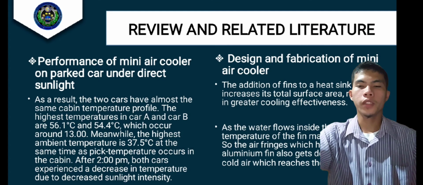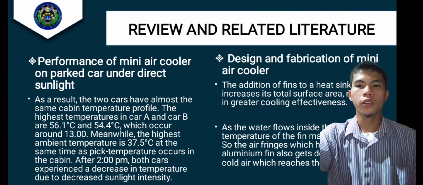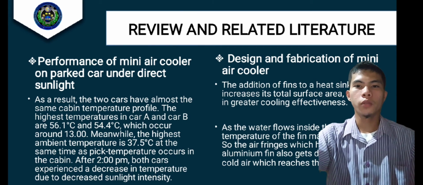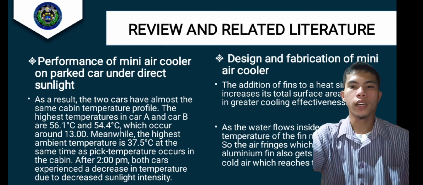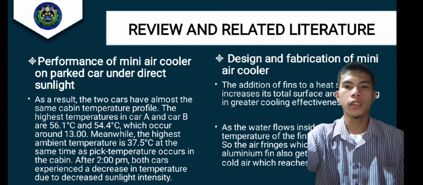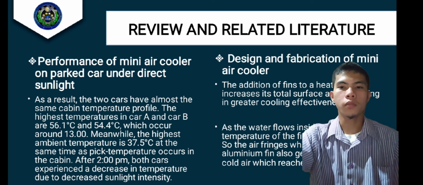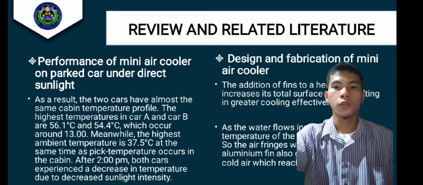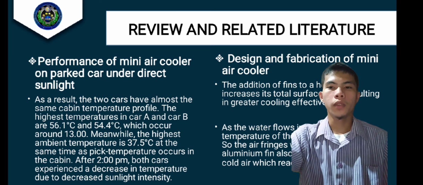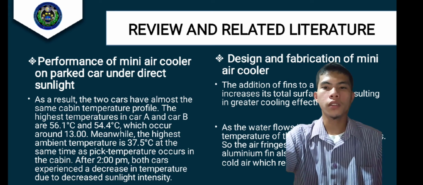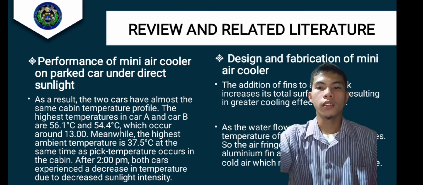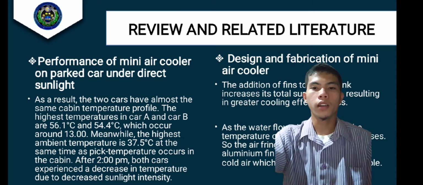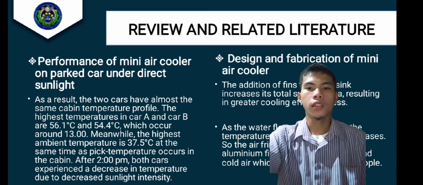In this video, I will be discussing the review of related literature and studies. The first one is the performance of a mini air cooler on a parked car under direct sunlight. As a result, the two cars have almost the same cabin temperature profile. The highest temperatures in car A and car B are 56.1 degrees Celsius and 54.4 degrees Celsius, which occur around 1 p.m. Meanwhile, the highest ambient temperature is 37.5 degrees Celsius, at the same time as the peak temperature occurs in the cabin.